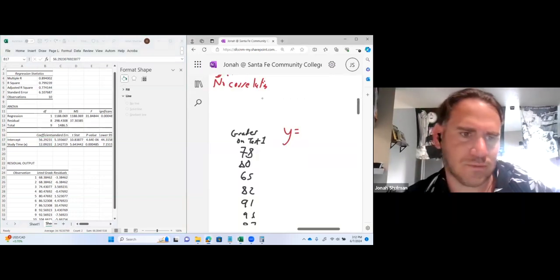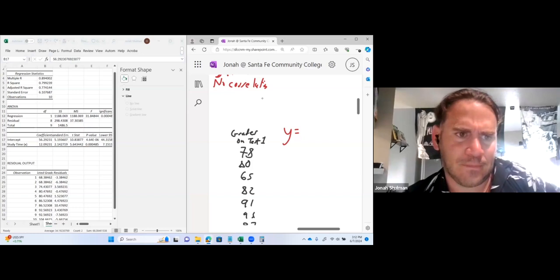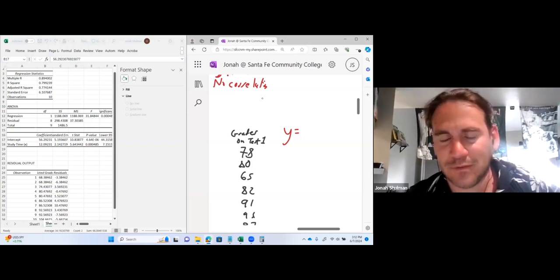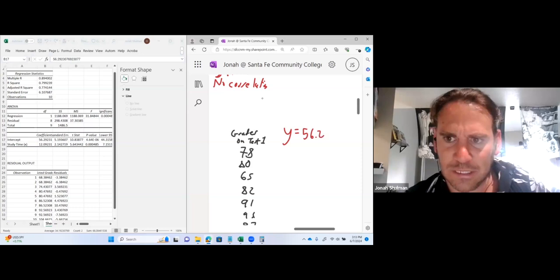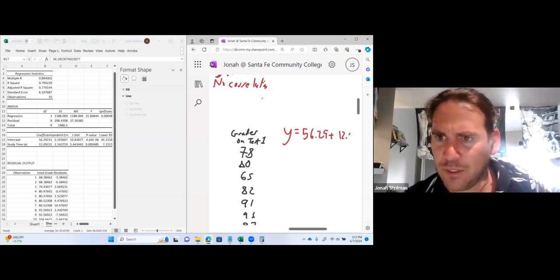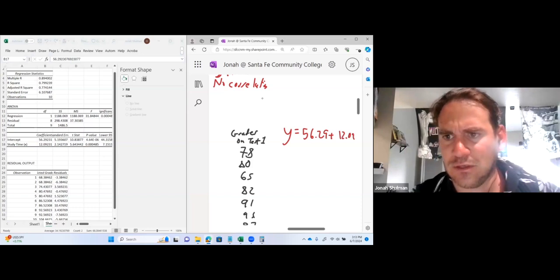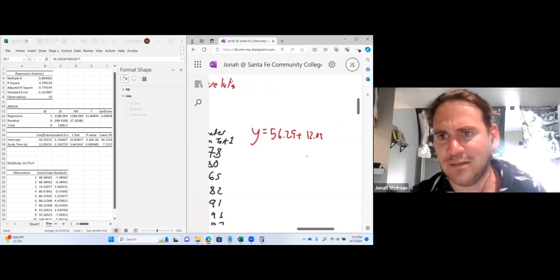Y equals, they like putting the y-intercept first, so I'll do that: 56.29 plus 12.09x. So what does that mean?